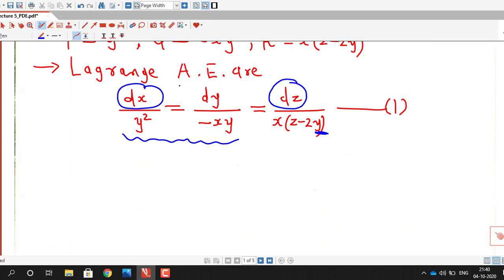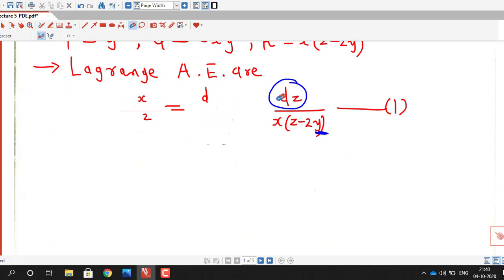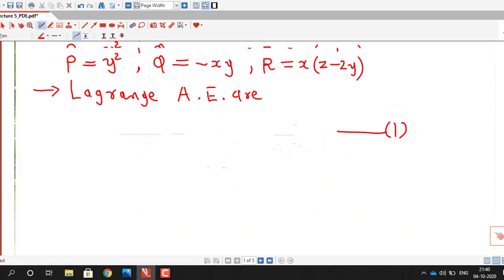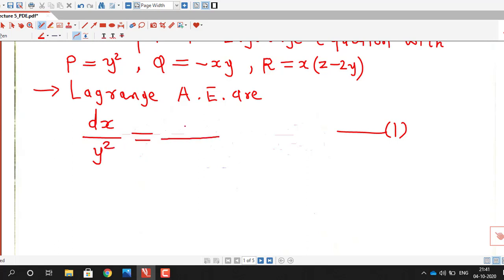Now if we observe fractions 2 and 3, sorry, I have to write it again, I erased it by mistake. So Lagrange auxiliary equations are dx divided by y square equal to dy divided by minus xy, which is equal to dz divided by x into z minus 2y.